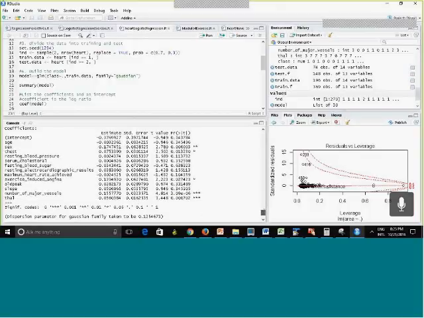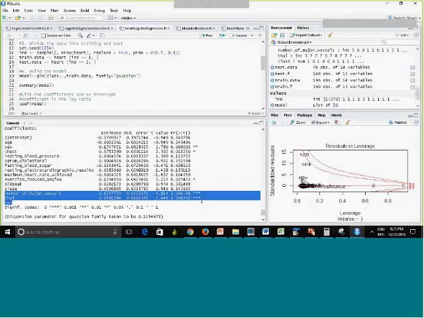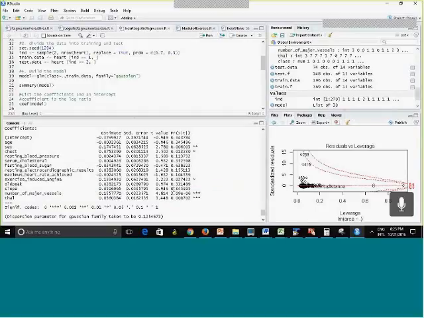Now take a look at this. I have two dots, a 1 star, and 3 stars. It shows the significance. So that indicates that slope, the number of major vessels, and these variables are probably significant predictors of the likelihood that an individual may have a heart attack. This coefficient is the log of odds.